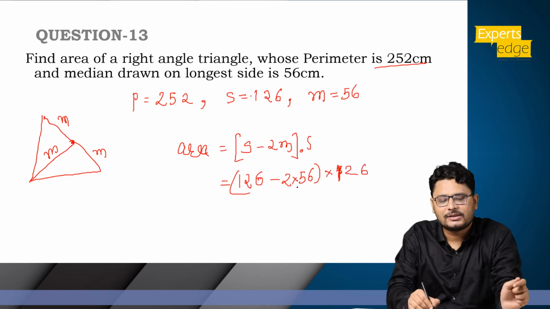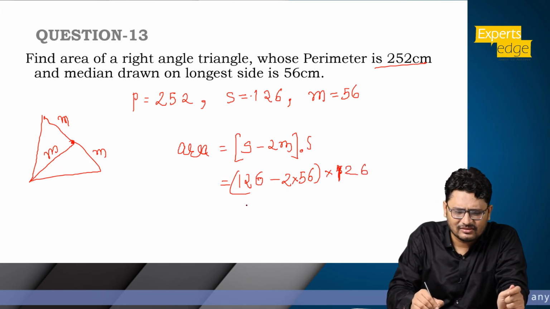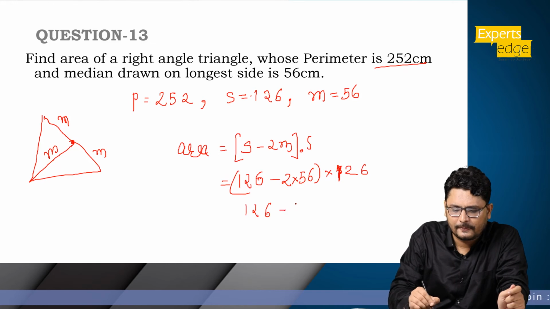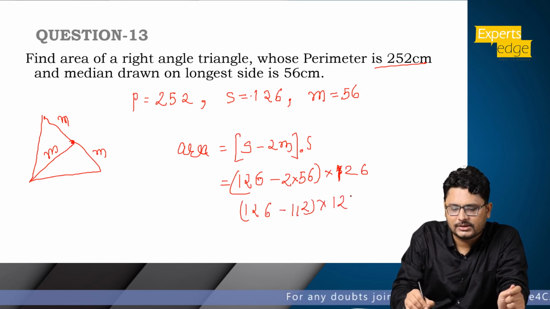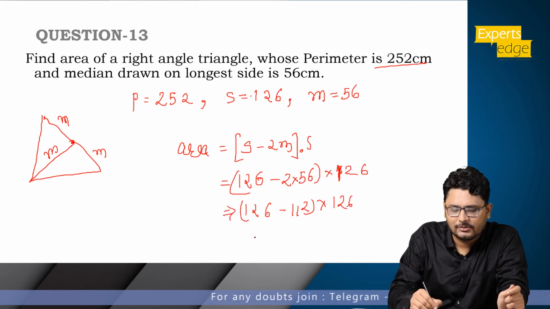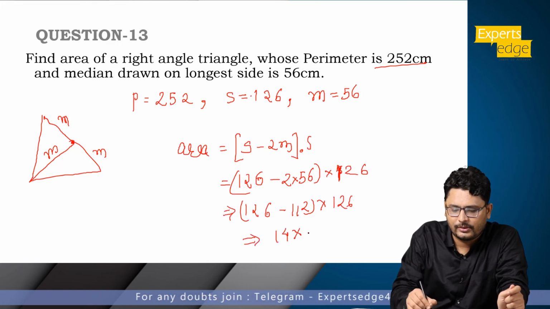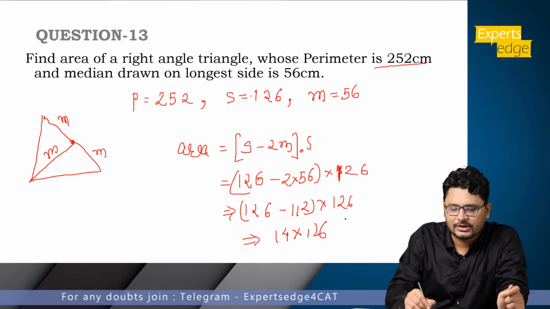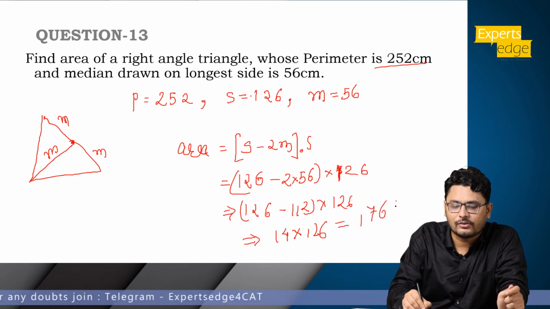So 126 minus 112 into 126, right? So basically this is nothing but 14 into 126. So answer of this question is nothing but 1764.